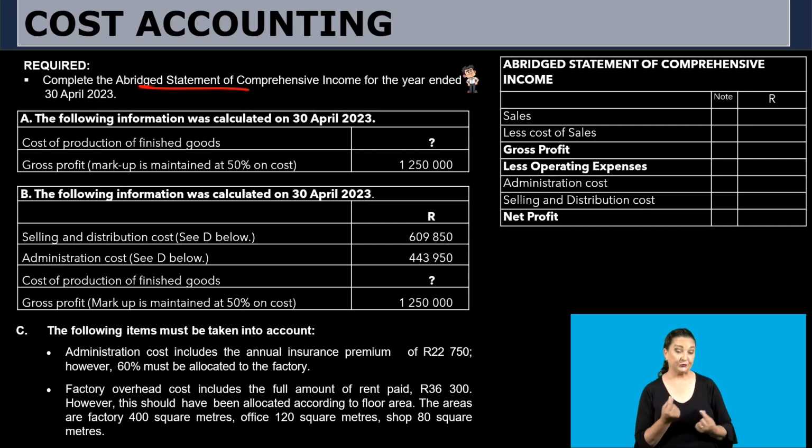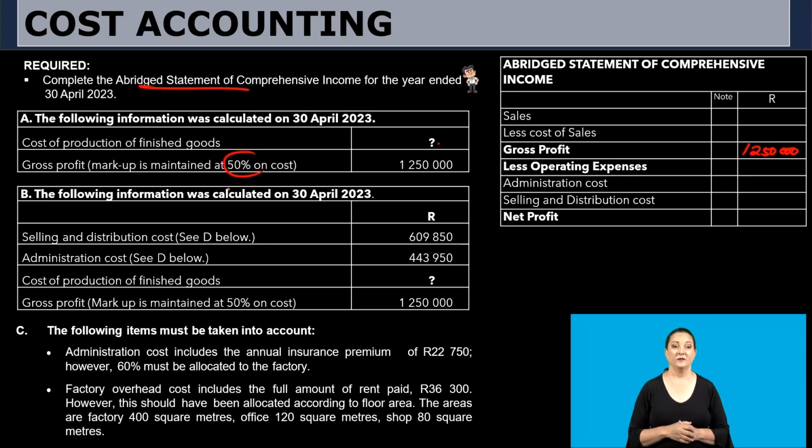So the first thing that we will do is to record our sales. But here we can see that we are not given that information. We are told that cost of production of finished goods is not given. Gross profit markup is maintained at 50% on cost. So we were given gross profit, and the gross profit was 1,250,000.